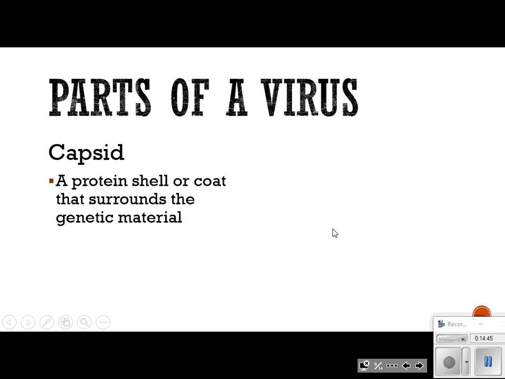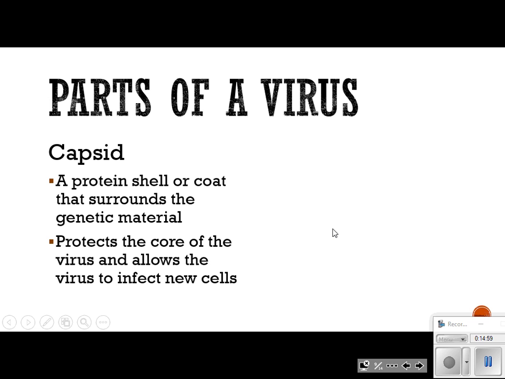They're kind of like a protective coat. They protect the DNA. It protects the core of the virus and allows the virus to infect new cells.